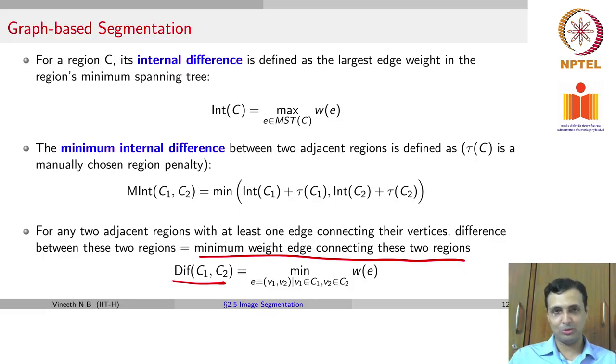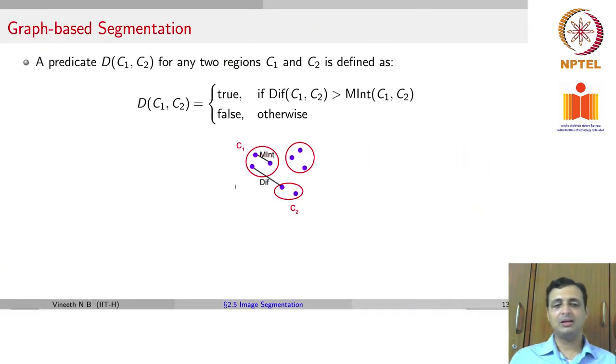So all edges between those two regions, and you take the minimum weight of the edges that connect these two regions. With these quantities defined, the method defines a predicate D for any two regions C1 and C2 as: if diff of C1 and C2 is greater than the minimum internal difference between C1 and C2, then you say it is true, otherwise you say it is false.